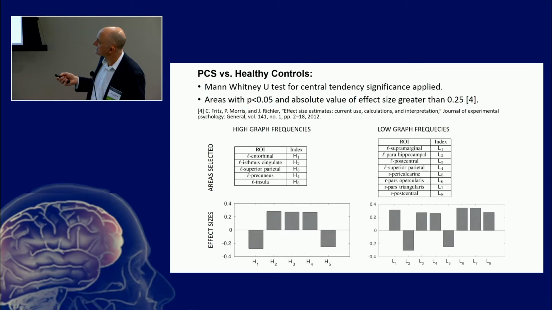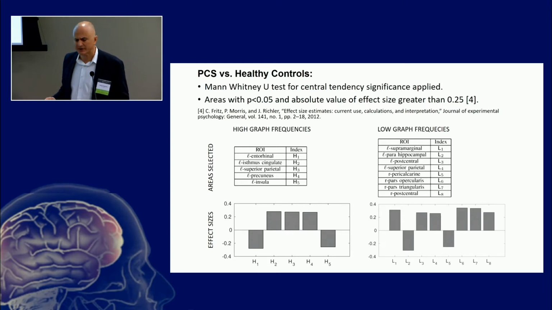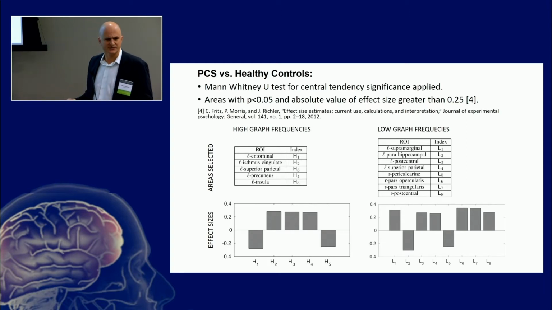And I want to point out that some of these brain areas that were picked up, especially in the high-frequency energy coming out of the GSP filters, are implicated in post-concussive syndrome, not surprisingly. So left entorhinal in terms of gray matter disruption, precuneus in terms of disruption to the default mode network, and superior parietal and cingulate in terms of white matter disruption.